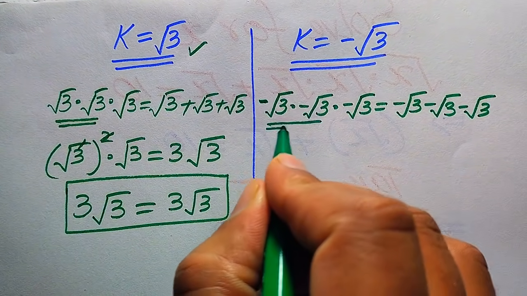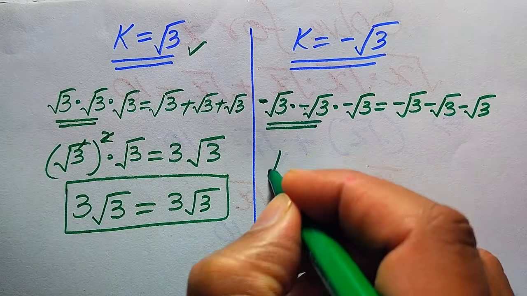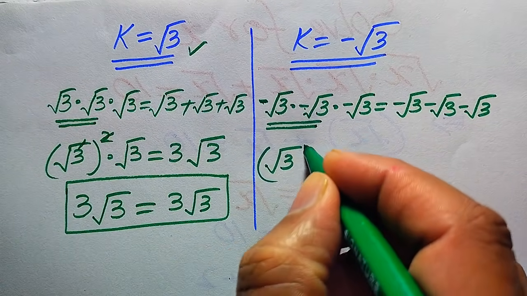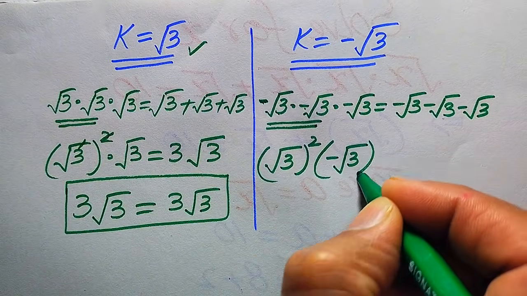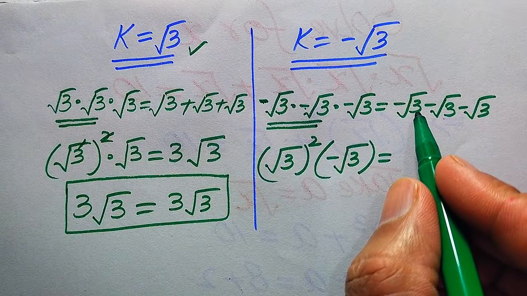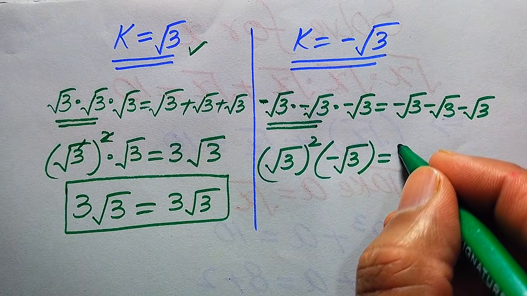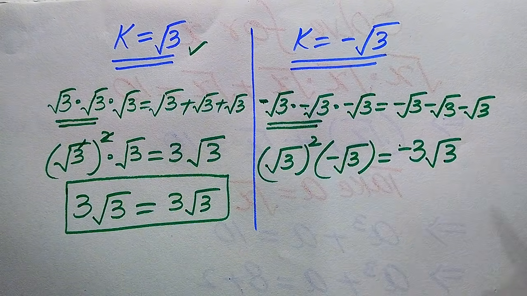When we multiply these two values, minus times minus becomes plus, and square root of 3 multiplied by square root of 3 becomes square root of 3 whole square. And here we have minus square root of 3 equals, when we add minus square root of 3 three times, it becomes minus 3 times square root of 3.